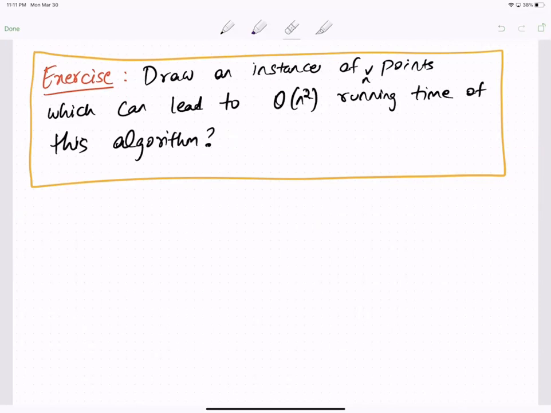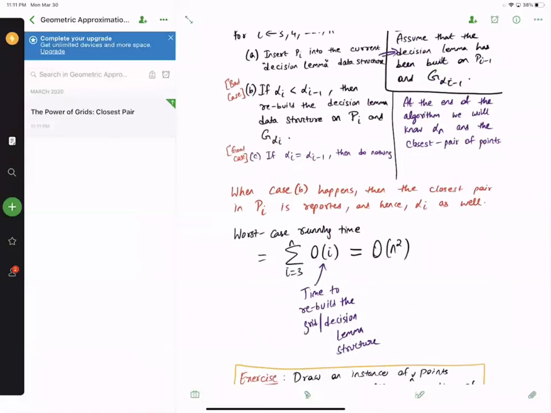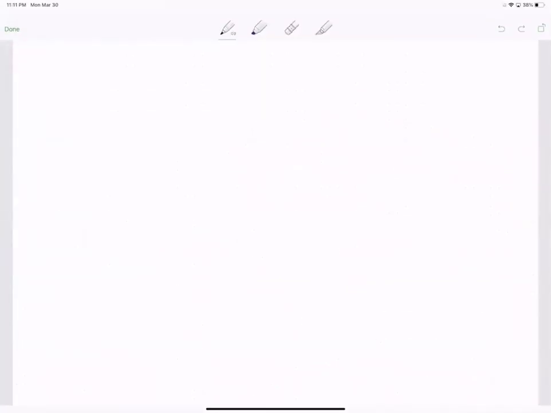Okay. So now, the promise that I made at the beginning of this lecture was that we'll look at an order of n time algorithm for the closest pair problem. So I have to fulfill that promise. There's one more trick that has to be applied, and once we use it, we are in good shape.